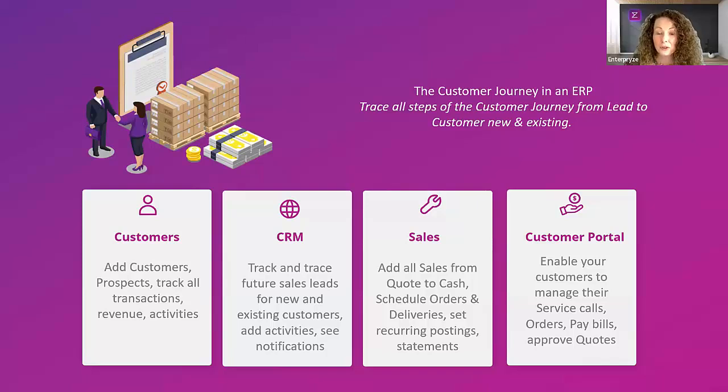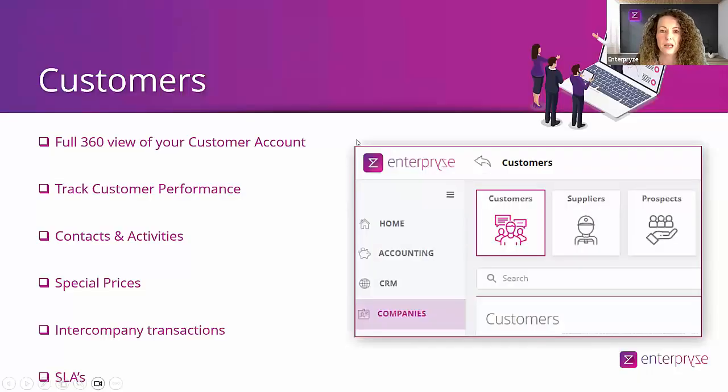And again, it's another great tool of communicating directly with your customer, but also giving your customer the ability to manage the data that you've already posted against their account. So it's giving them a look-in without a login to Enterpryze itself. It's giving them the ability to view and review their transactions. But of course, as always, with everything in the system, there's certain settings that you have to have in place to make that work for your customers.